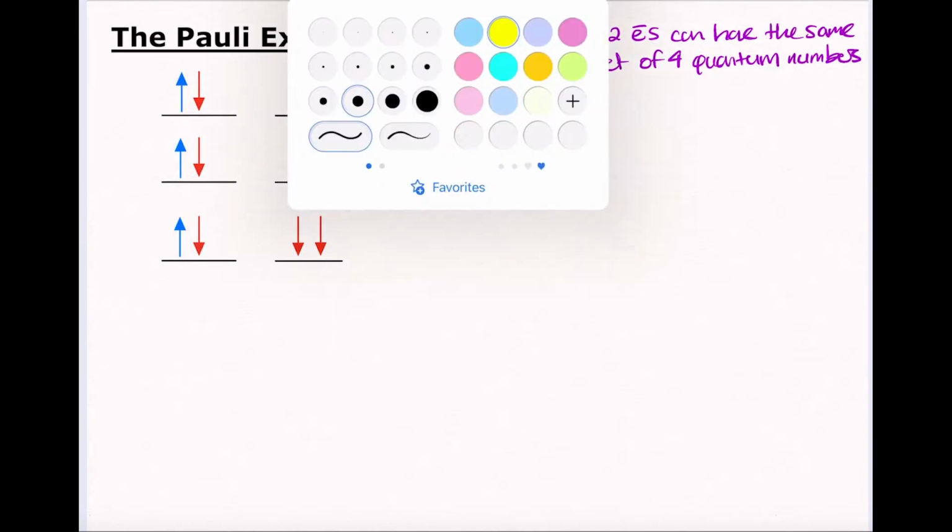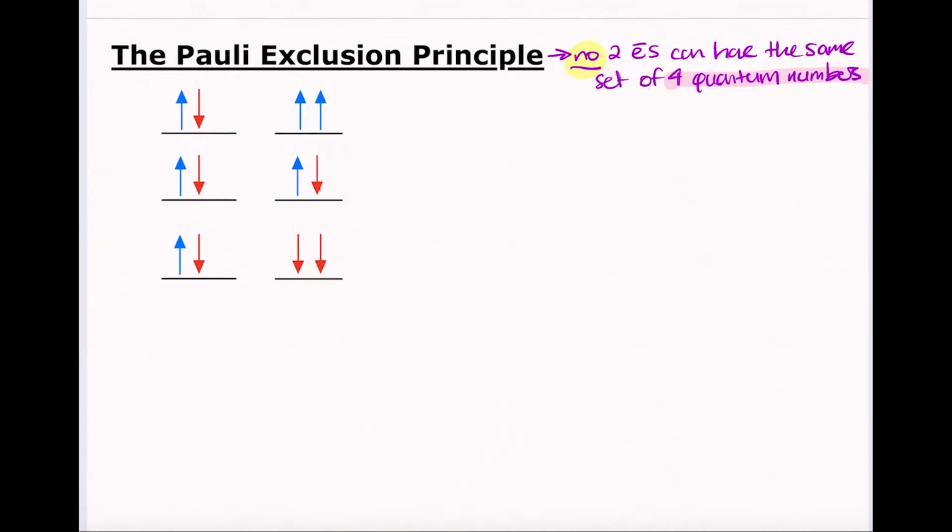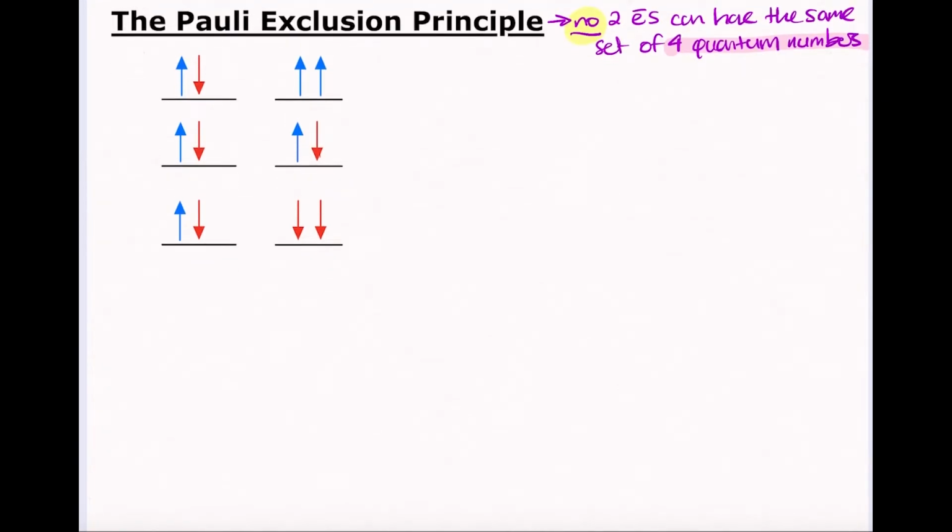So what are quantum numbers, if you may ask? I discussed two of them in the previous video. I discussed what n and l were: n was the principal quantum number, and l was the angular momentum quantum number. The other two that I have not mentioned yet, let me write them down.